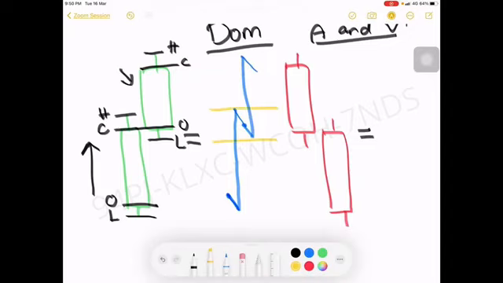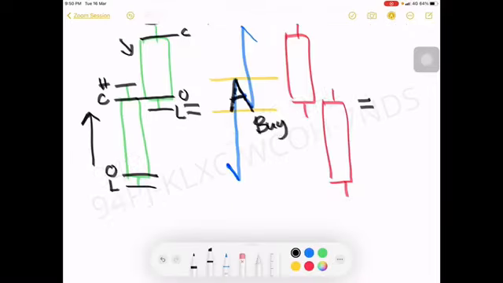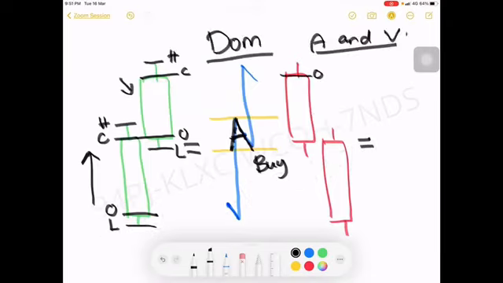So same goes with this one. If it wants to go down, what does it have to do first?